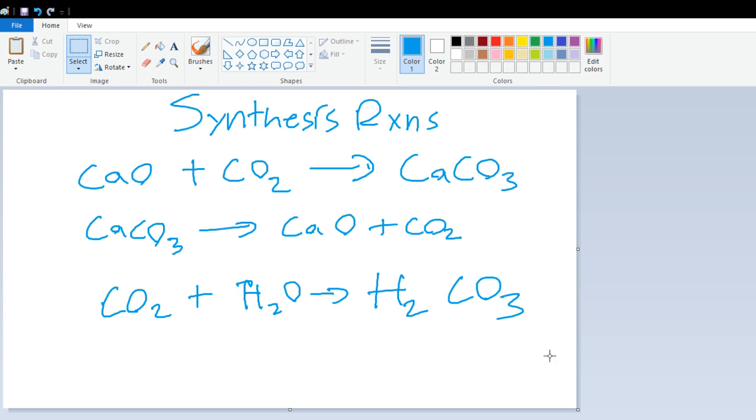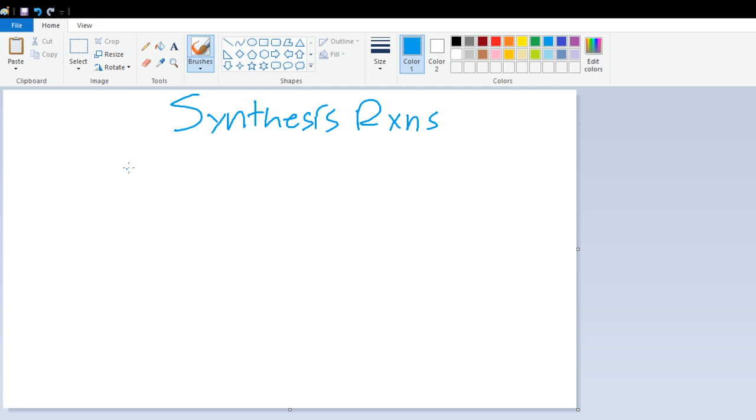Now, the two special synthesis reactions that you're going to need to memorize. The first involves ammonia, NH3 being ammonia, not NH4. NH4 is ammonium.